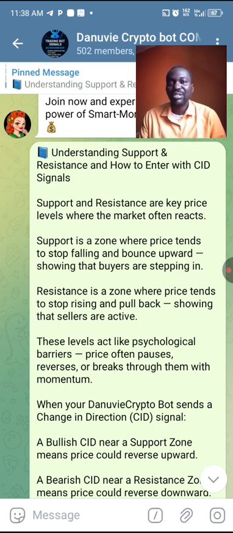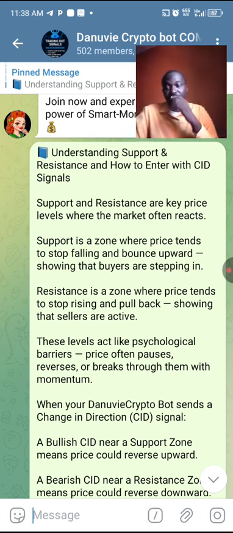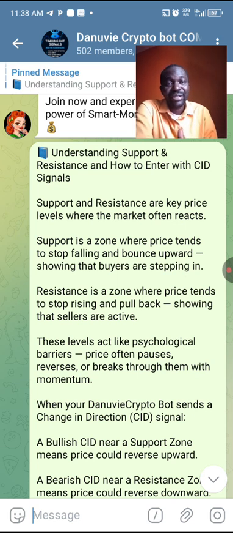Now, there is a misconception about support and resistance levels. A lot of people think that support and resistance levels are just individual prices. No. Support and resistance is like a zone. It's a collection of different prices, whether upper prices or lower prices.